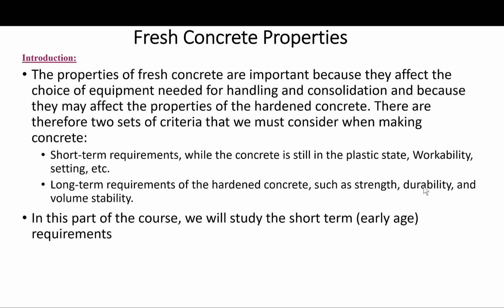Second are the long-term requirements of the hardened concrete, such as strength, durability, and volume stability. As we will see when we study the proportion of concrete, these two sets of requirements are not complementary, and a compromise is needed between them.